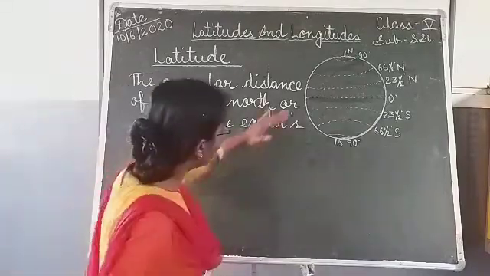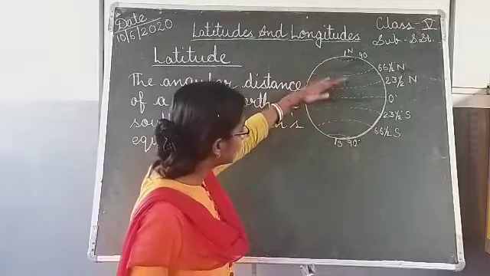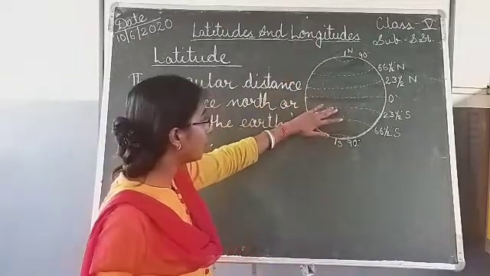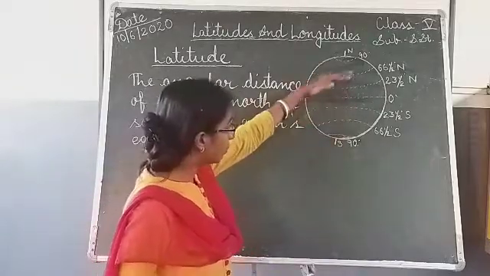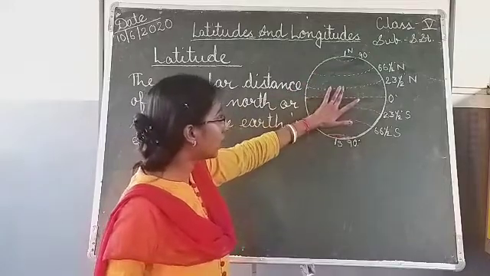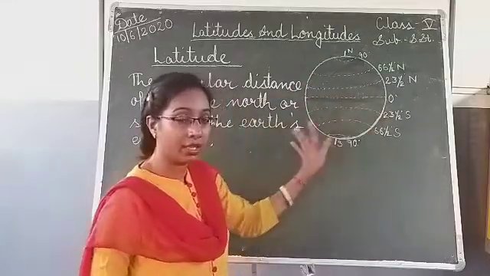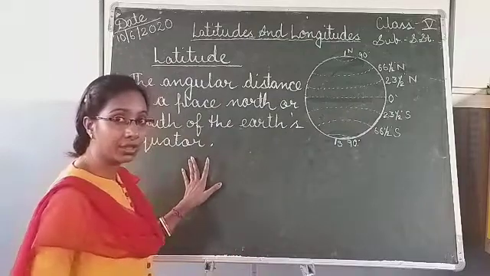What is latitude? The angular distance of a place north or south of the Earth's equator is called latitude. Okay.